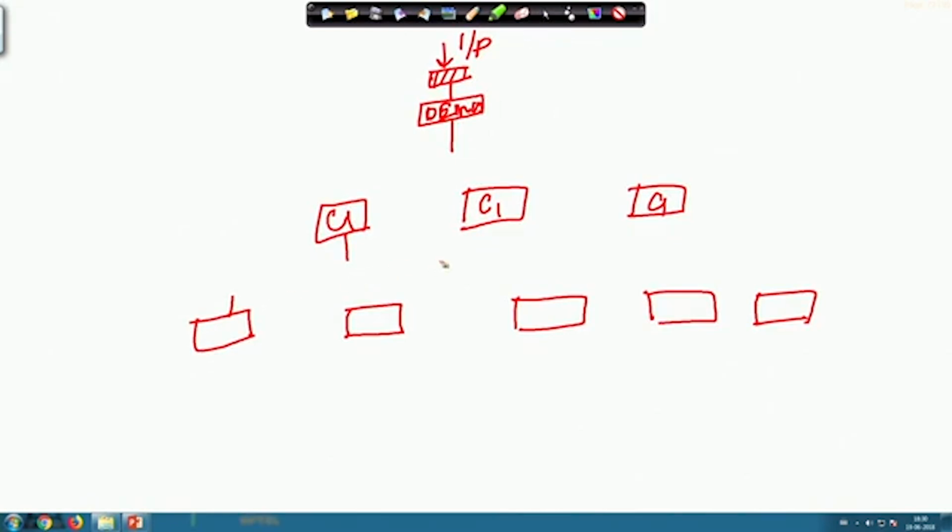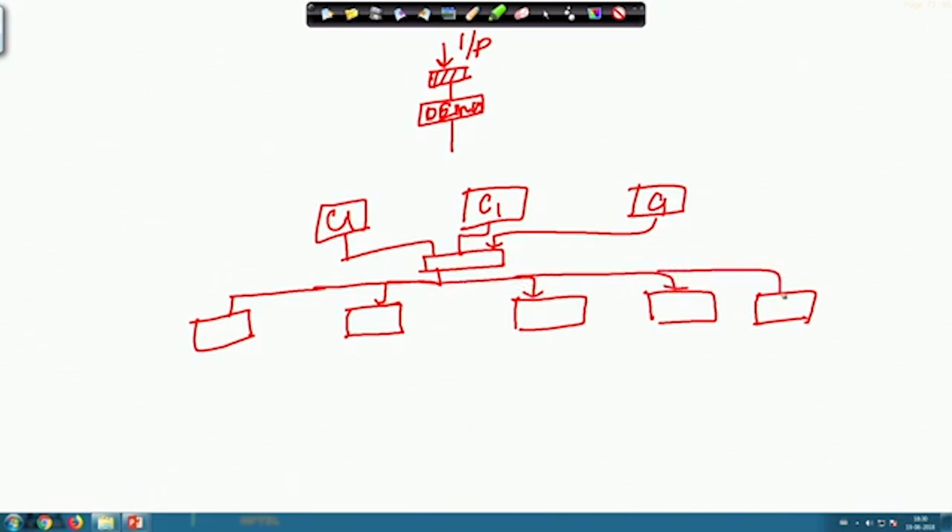So, this will again be connected with one of the blocks, which again needs one demultiplexer where it is taking this and producing the corresponding path. And this is C2, this is C2, all are C2.